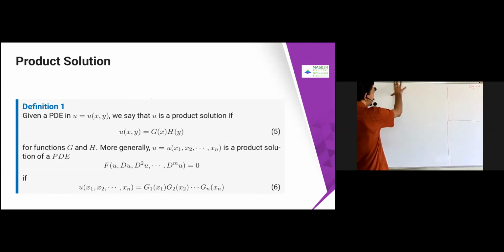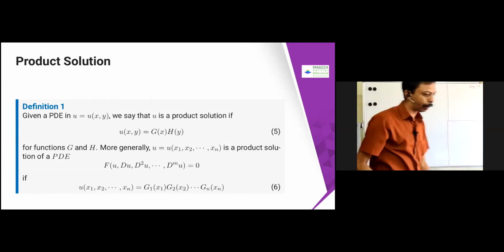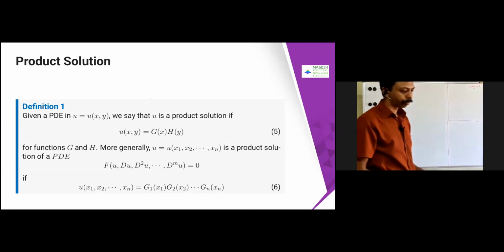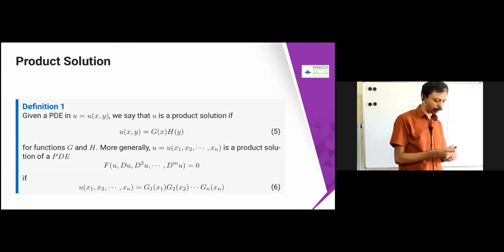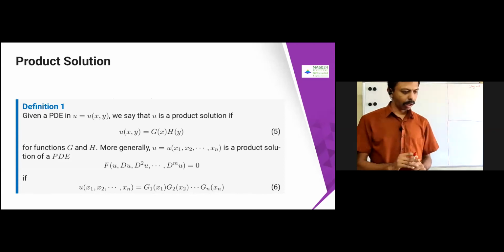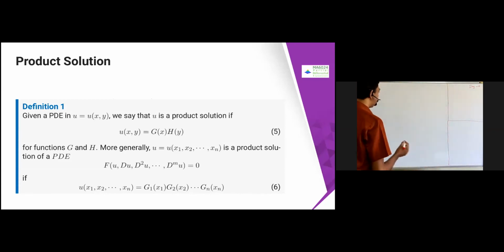So let's take a simple problem. What we are going to do in the case of separation of PDEs is, we are trying to find the answer for u of x comma y. In the previous problem, the heat equation, we are trying to find u of x comma t.